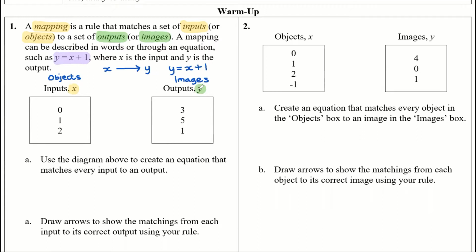Right, so we have the 2 boxes, inputs and outputs. We have to create an equation that matches every input to an output. Don't worry if you didn't think of one or you couldn't see one. That's perfectly all right. It's just an exercise to see if we can actually create a rule.